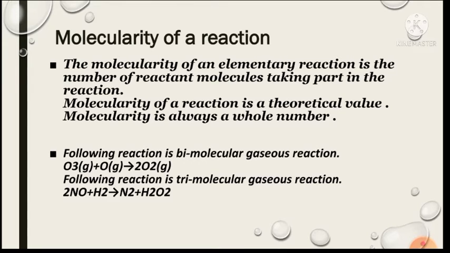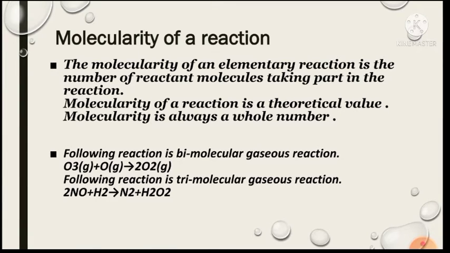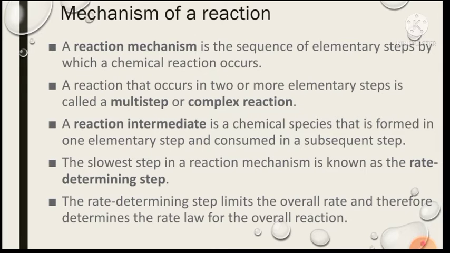So in case of molecularity, we can just calculate or predict the molecularity of a reaction by looking at a balanced reaction. You only have to take a balanced equation, and by calculating the number of molecules or number of moles of reactant, we can find out the molecularity.